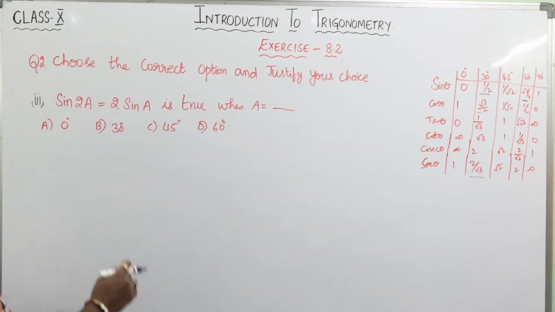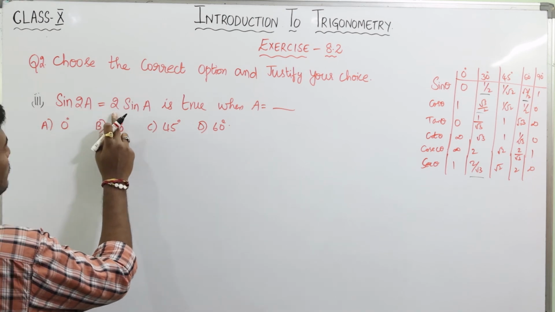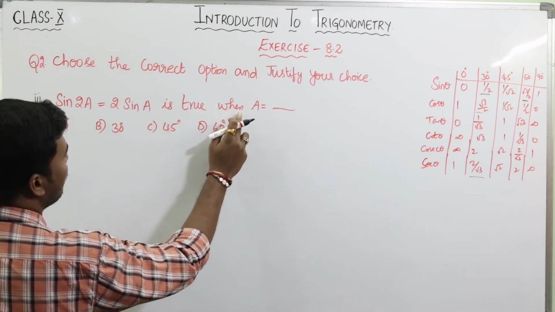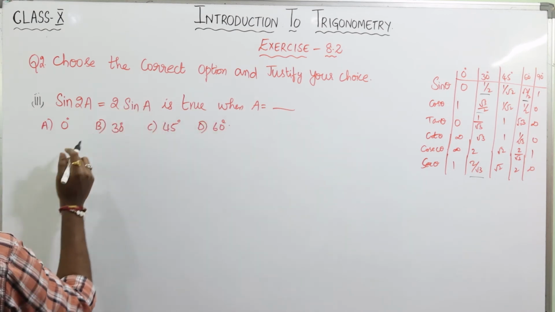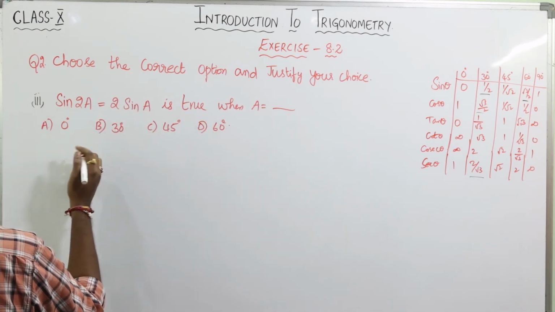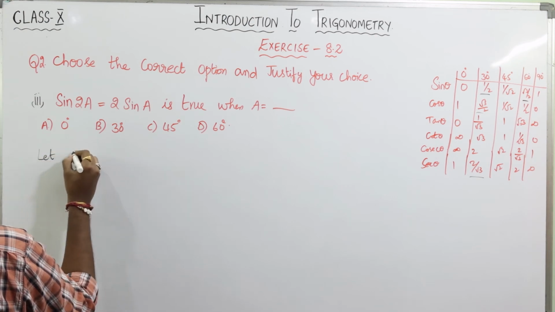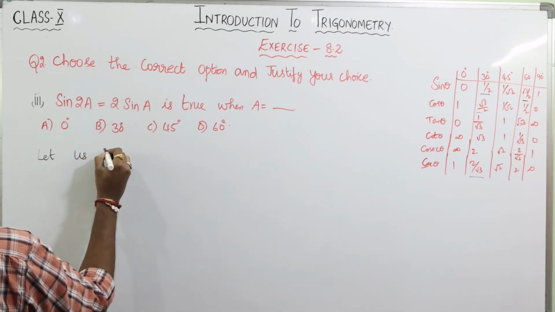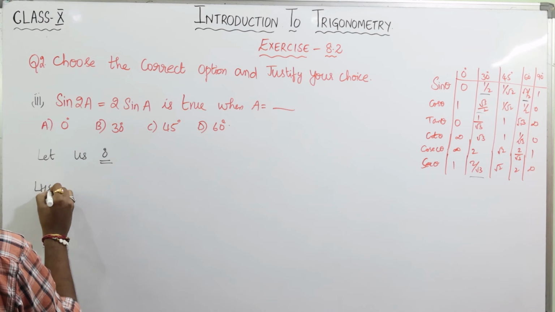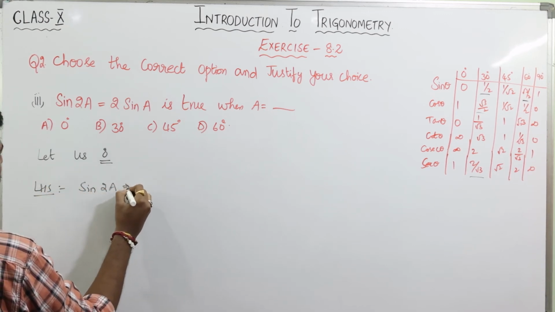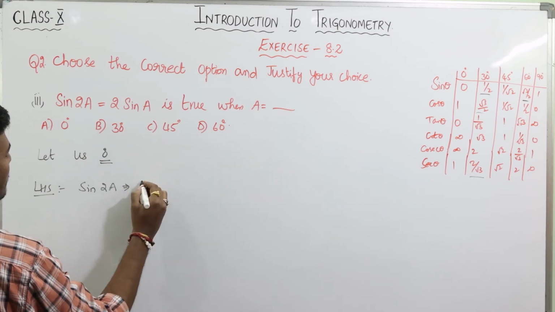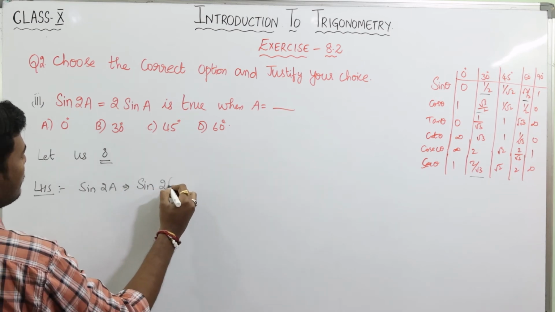Now, the third problem, that is sine 2a is equals to 2 sine a. Is it true when a is? So, for what value of a will this statement be true? So, let us check by trial and error method. Let us take 0 degrees. Now, what is LHS? Sine 2a. Now, substitute that a value here, then it will become sine of 2 into 0 degrees.